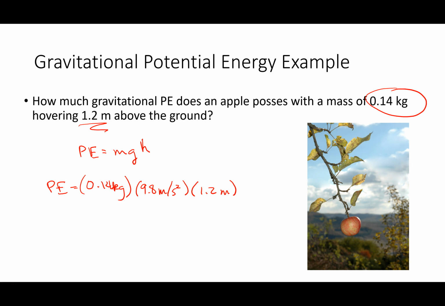So how many digits am I going to leave in my answer? Just 2 digits. So 0.14 times 9.8 times 1.2. And what my calculator displays is 1.6464.